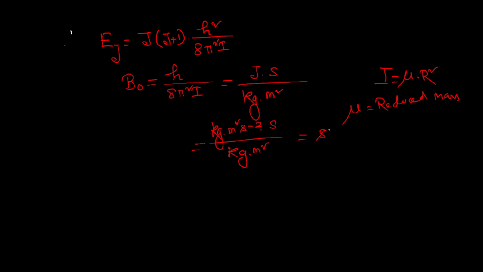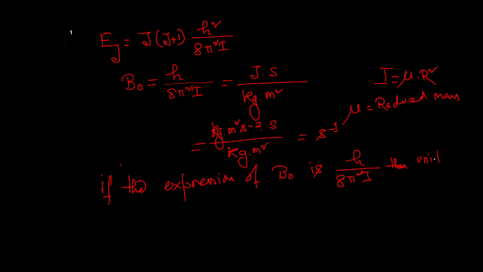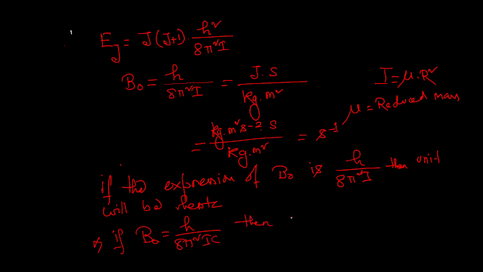So this total is minus 1. So B0, that unit of B0 will be in... so if the expression B0 is h by 8 pi square Ic, then unit will be in centimeter inverse, and if B0 is h by 8 pi square I, then unit will be Hertz.